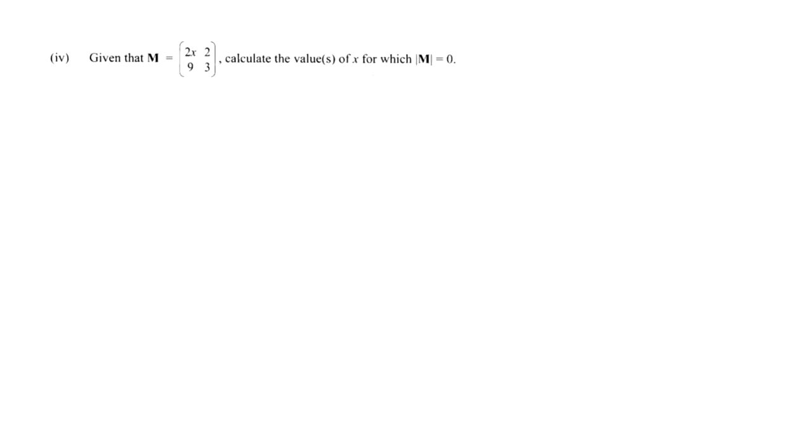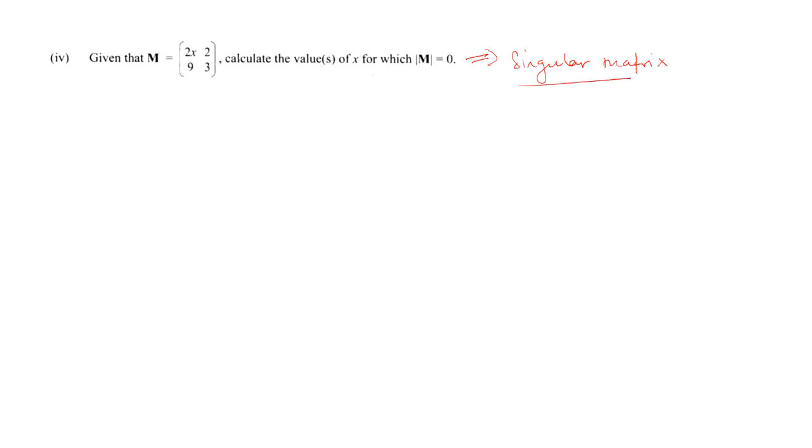Alright, so in part 4, they said we have a matrix M given by this. Calculate the values of x for which the determinant is equal to 0. Right? So we know that when the determinant is 0, this is a singular matrix. Whenever you see the word singular matrix, just know that the determinant is equal to 0.